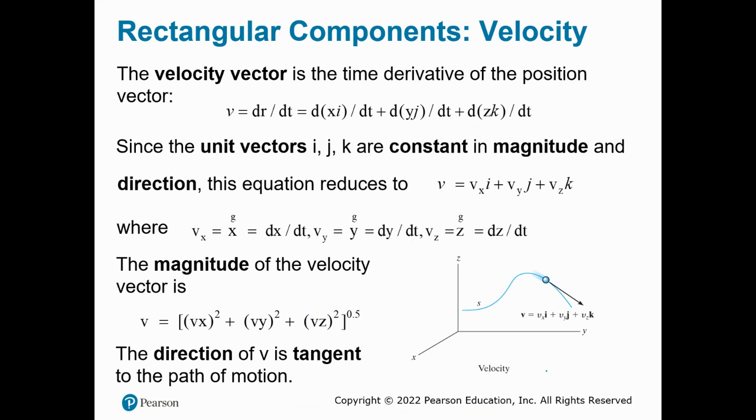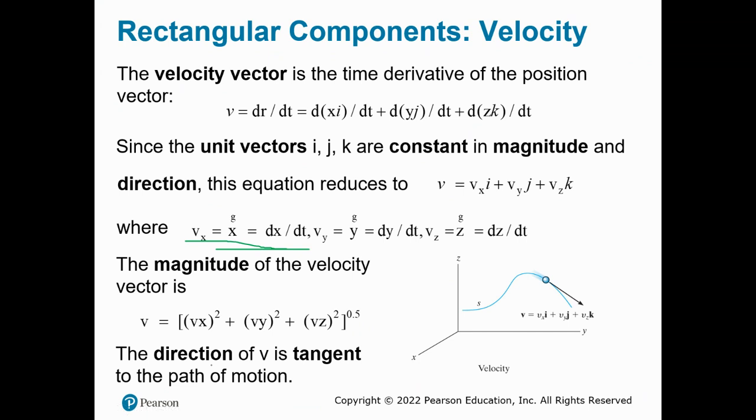One more time, if I take the first derivative of the position vector, that will give me the velocity vector. And since the unit vectors i, j, k are constant in magnitude and direction, we're going to write the velocity vector v equals vx in the i direction plus vy in the j direction plus vz in the k direction, where vx equals dx/dt, so I am taking the derivative of the position vector in the x direction, that will give me vx.